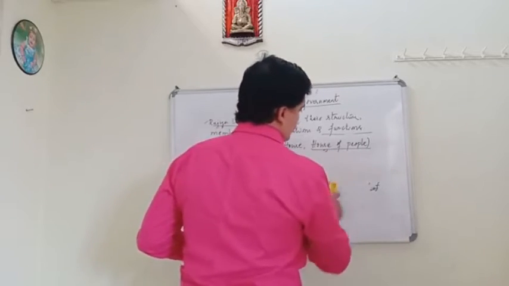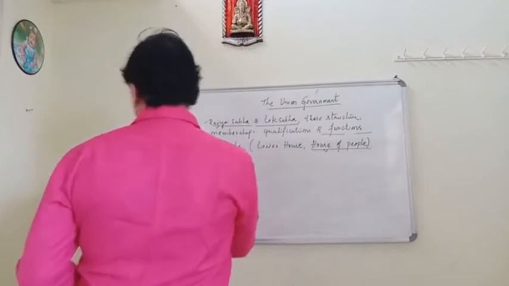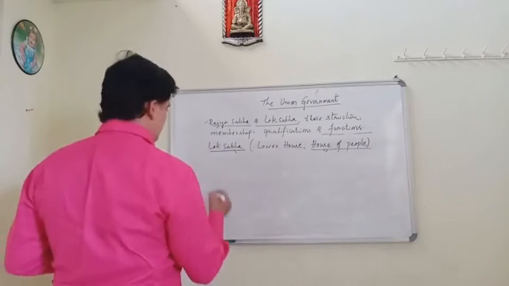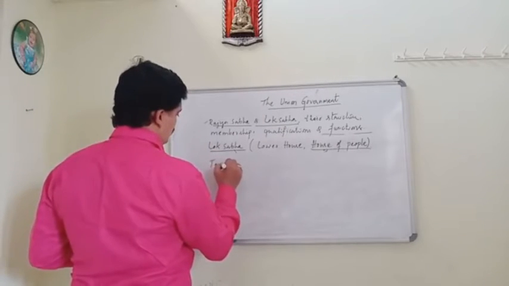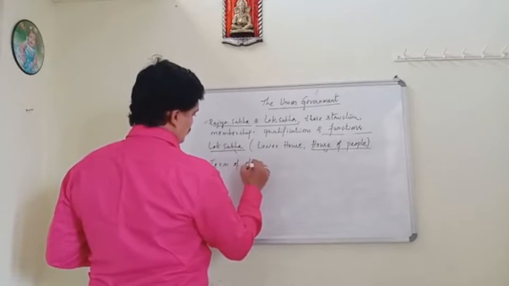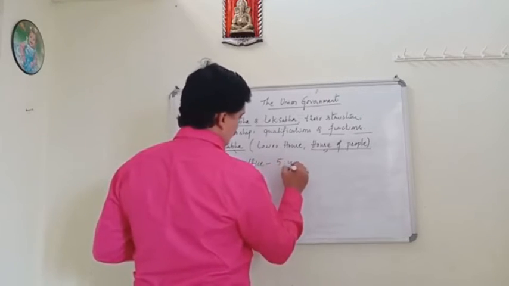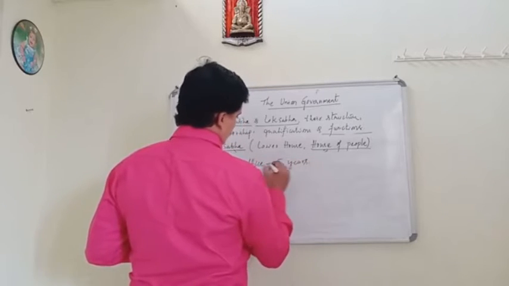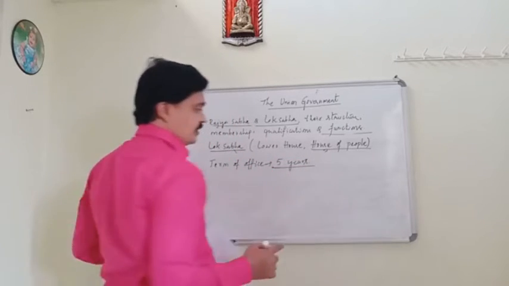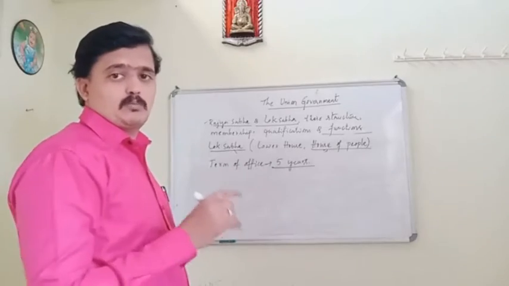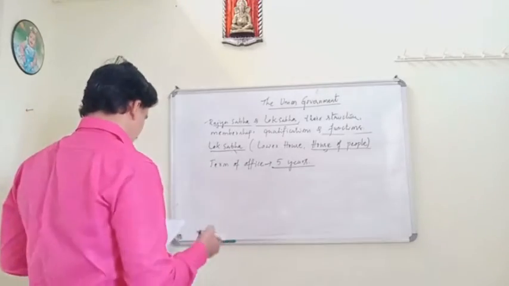When we come to the term of office of the Lok Sabha members, that is 5 years. Rajya Sabha members have 6 years, here Lok Sabha members 5 years.